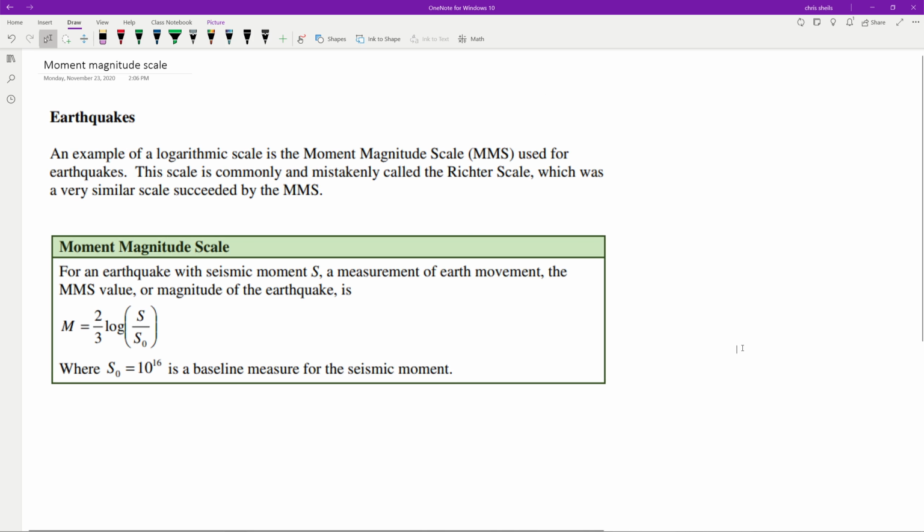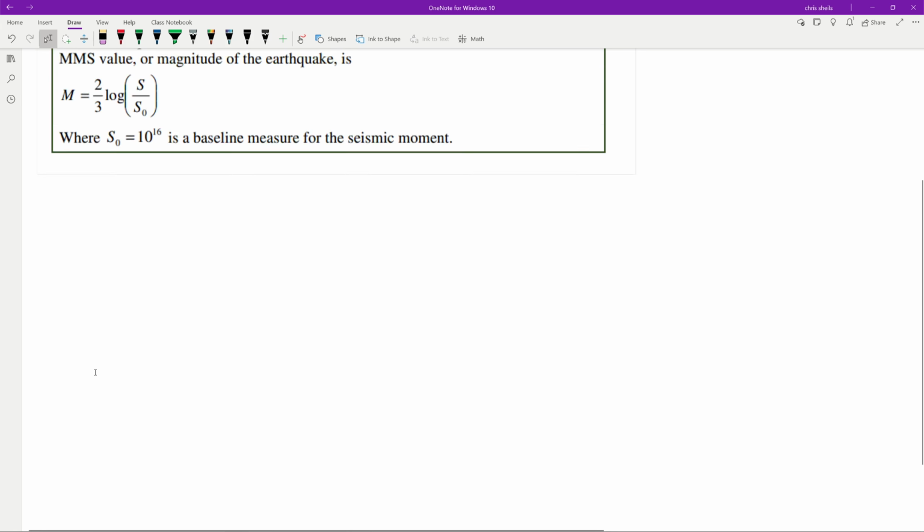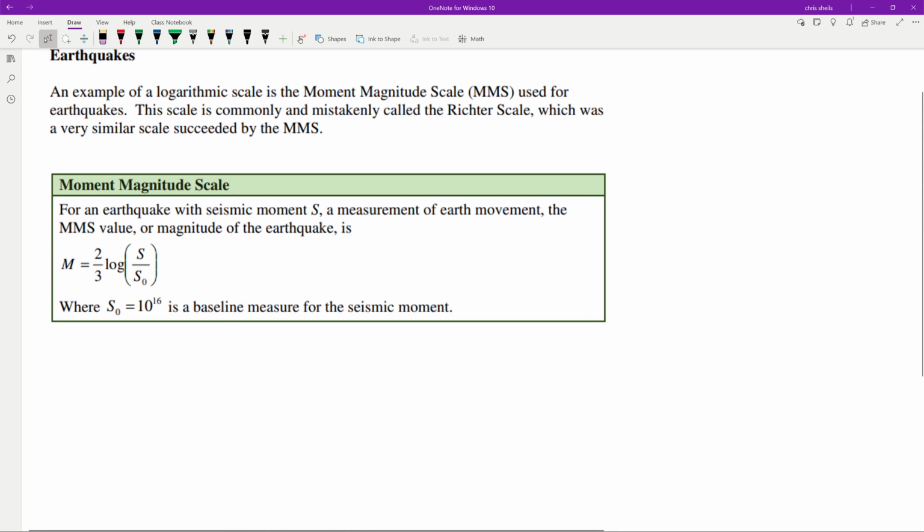So for an earthquake with seismic moment S, which is a measure of earth movement, the MMS value, or magnitude of the earthquake, is M equals 2/3 times log of S divided by S naught, where S naught is equal to 10 to the 16th, and that is a baseline measure for seismic movement.